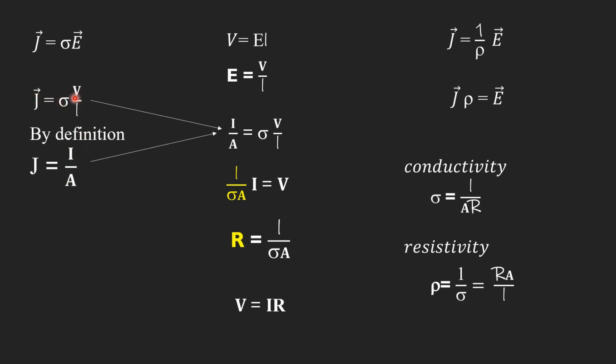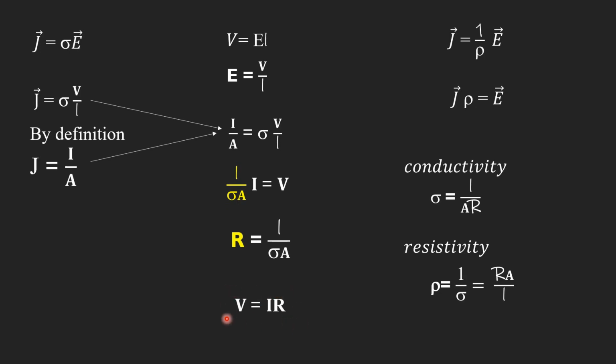And by comparing these two equations, I can write I by A is equal to sigma into V by L. Or rearranging the equation, we have L by sigma A into I is equal to V. This term represents R, the resistance, so V is equal to I into R. So this represents the Ohm's law equation.